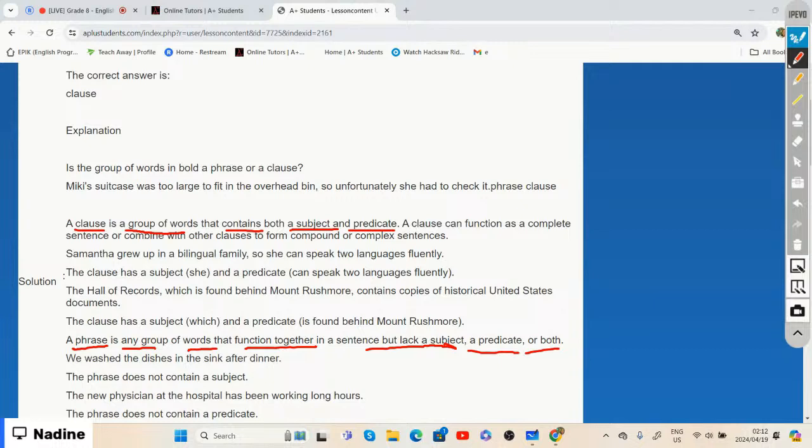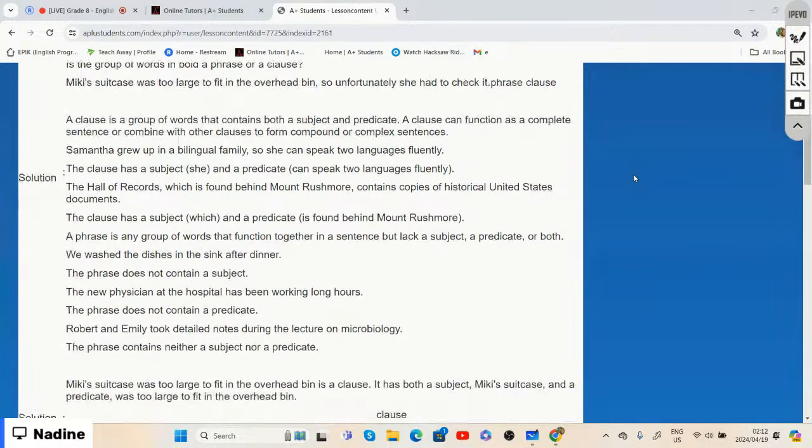Then, the new physician at the hospital has been working long hours.